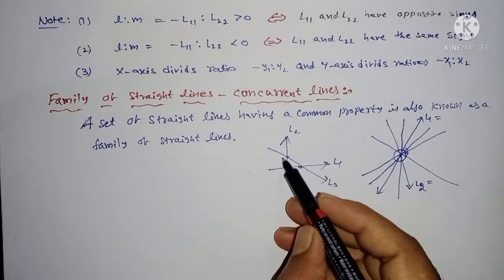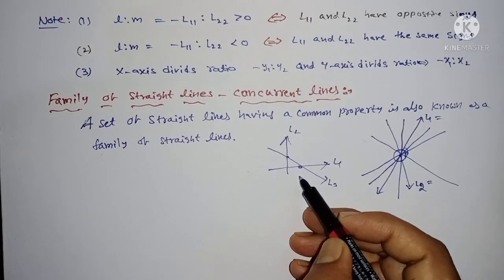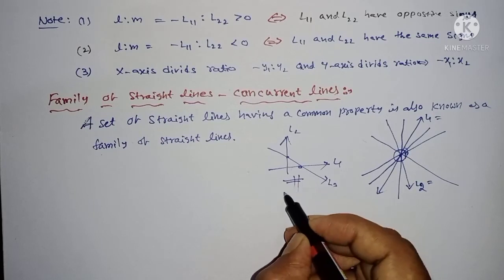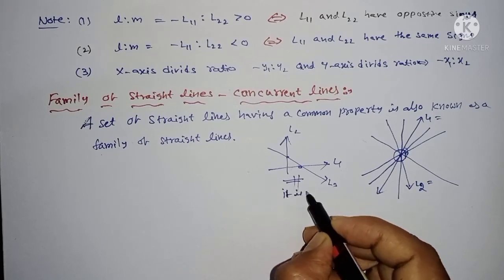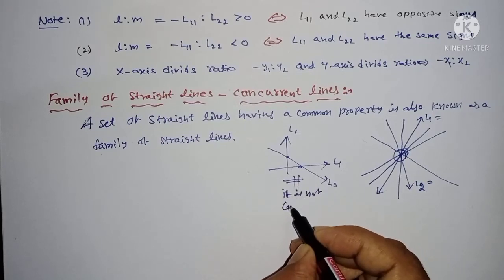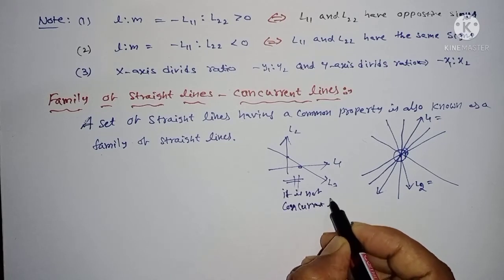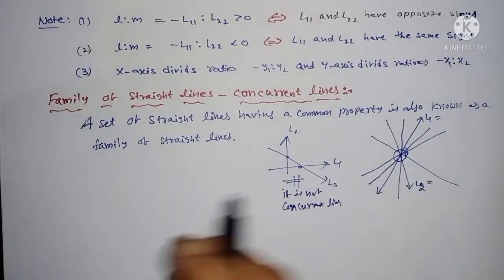If they touch pairwise at different points, this is not a concurrent line. It is not a concurrent line.